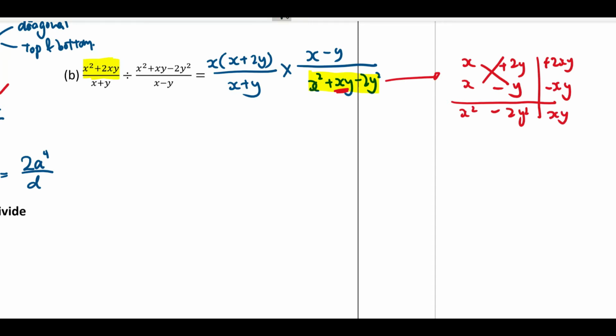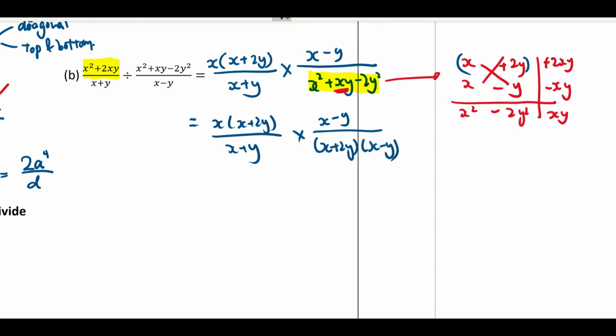So remember, 2 terms, normal factorization. 3 terms, cross factorization by doing this. 4 terms, usually factorization by grouping. So this will be x bracket x plus 2y over x plus y times x minus y, over denominator would be x plus 2y times x minus y.